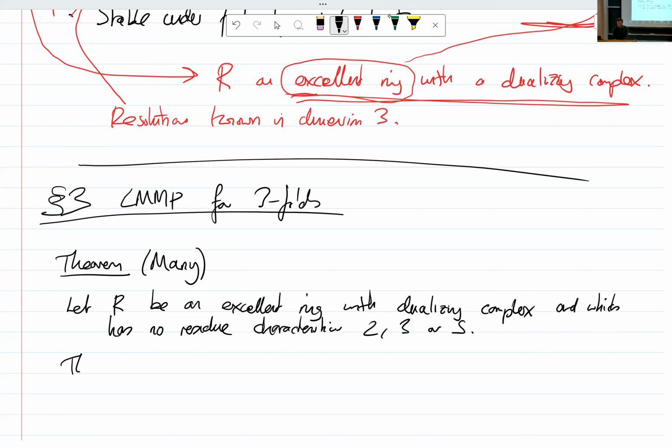Then the MMP works for KLT threefold pairs which are projective over R.